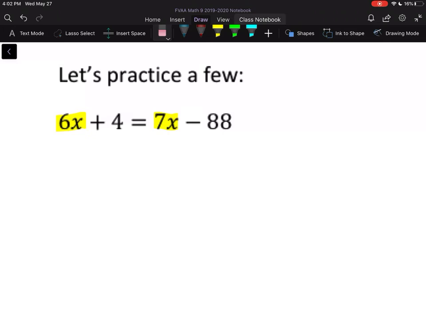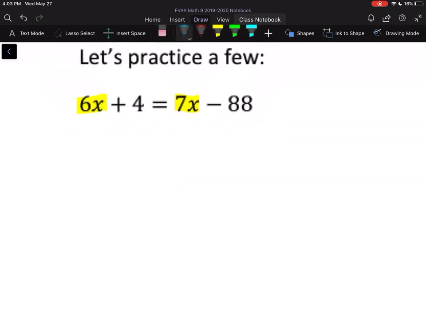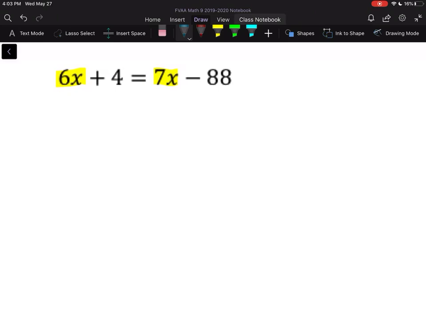Now, for me personally, I always bring the variable with the smaller coefficient over to the side where the variable with the larger coefficient is. So that means I'm going to be bringing 6x over. Another point to note here: I know that it's 6 times x, but at this stage, I'm not trying to separate the 6 and the x.